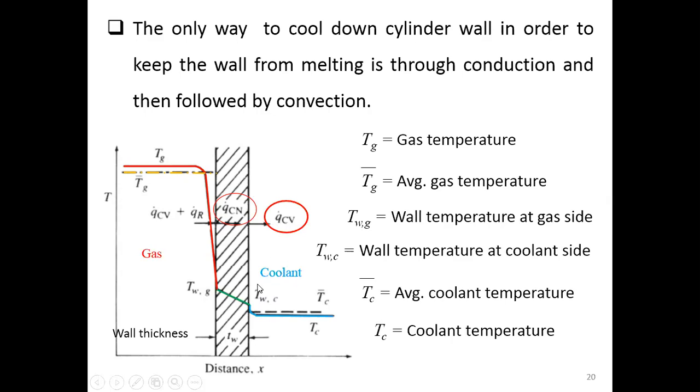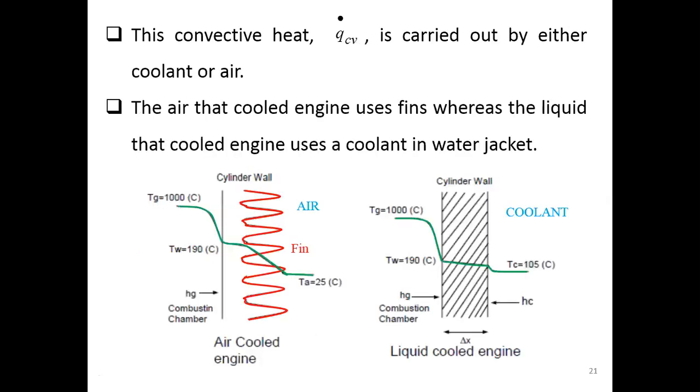And inside, we have the temperature of the gas. So T bar G here represents the average temperature of the gas, and T bar C represents the average of the coolant temperatures. Okay, so this is what happens: how the heat is transferred through conduction and then through convection.